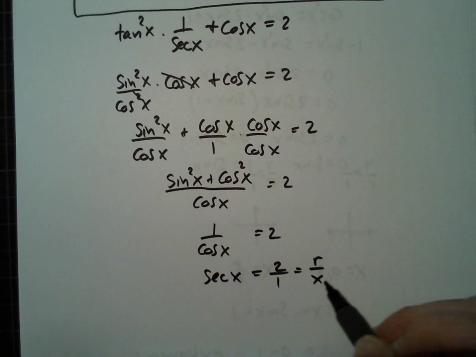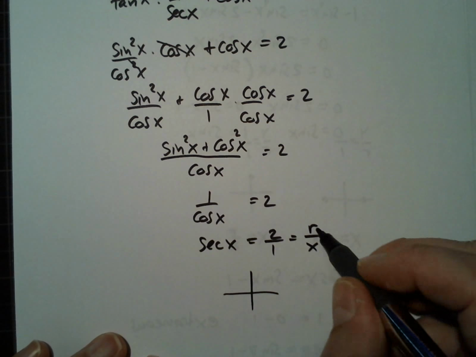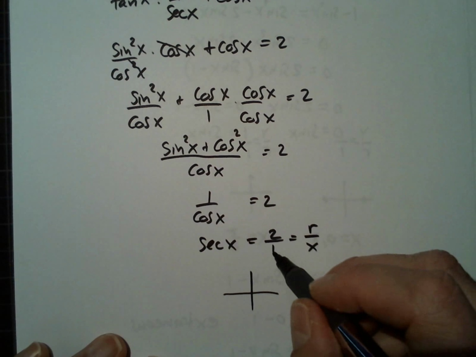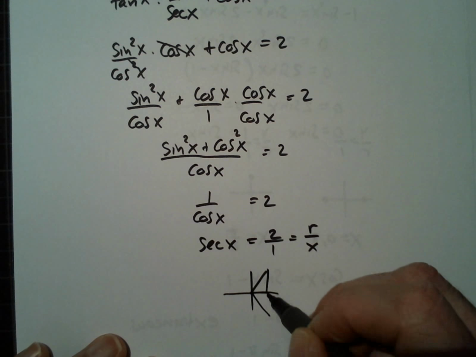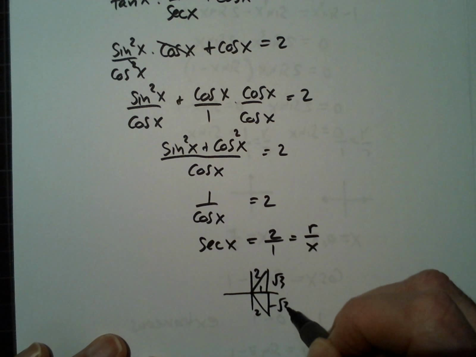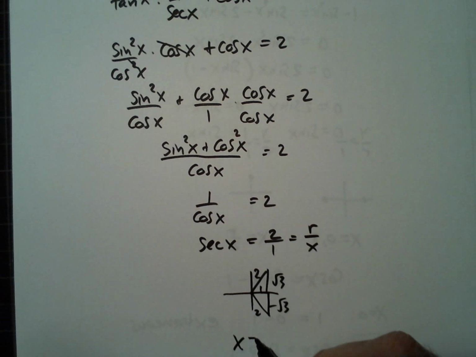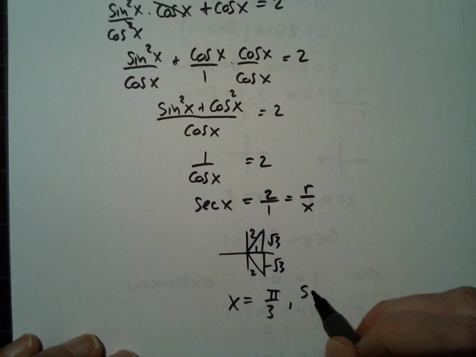Secant is r over x. Radius of 2 with an x value of 1, so that occurs over here. 2, 1, and that must be a radical 3, so that gives us pi over 3 and 5 pi over 3.